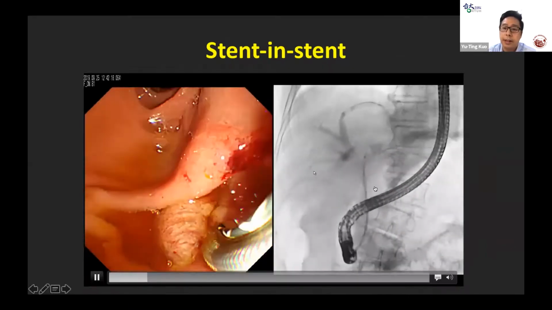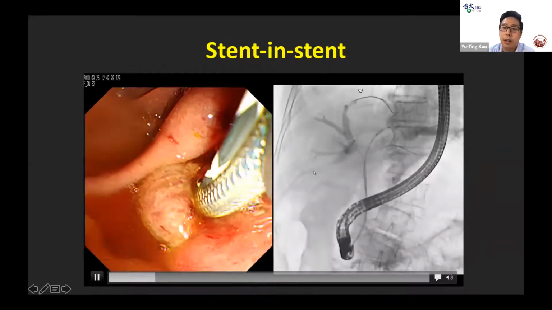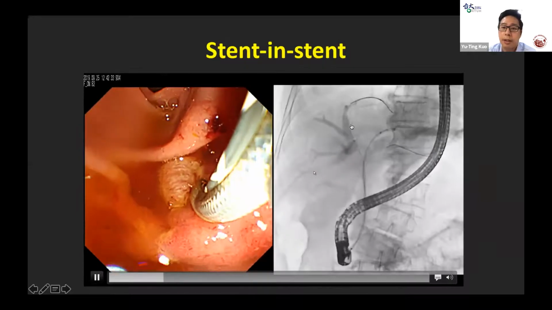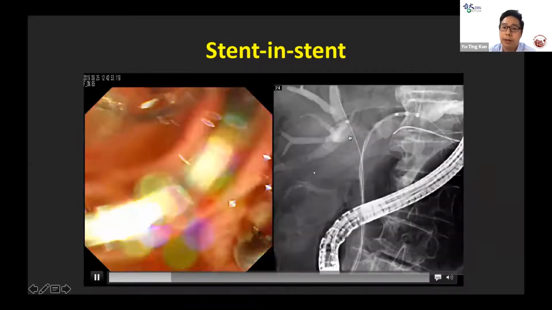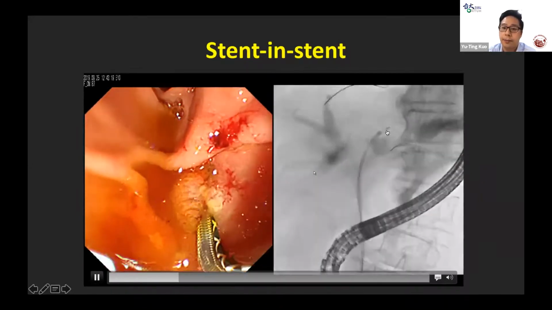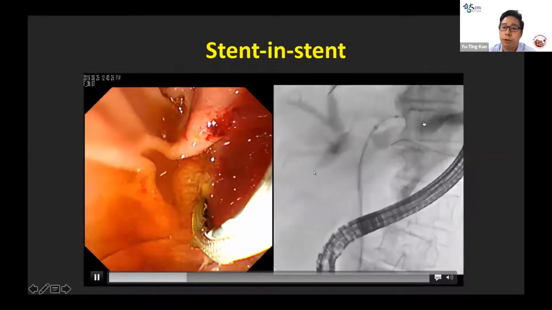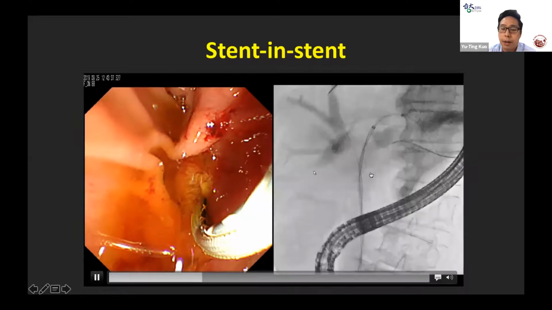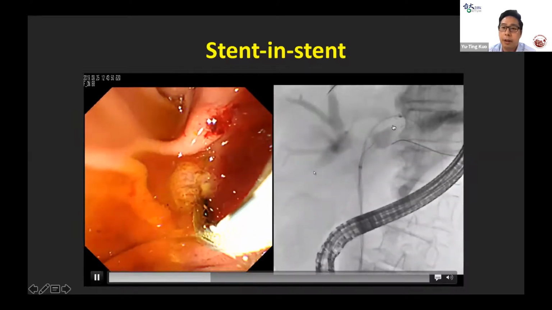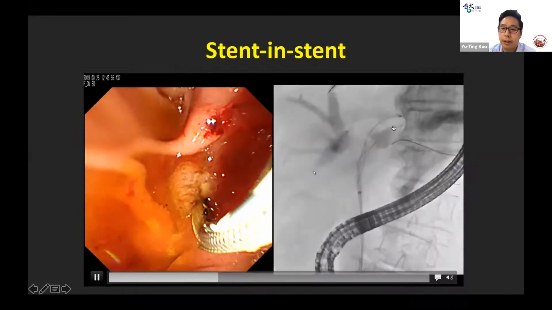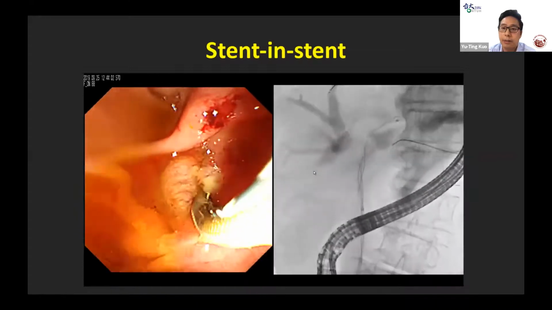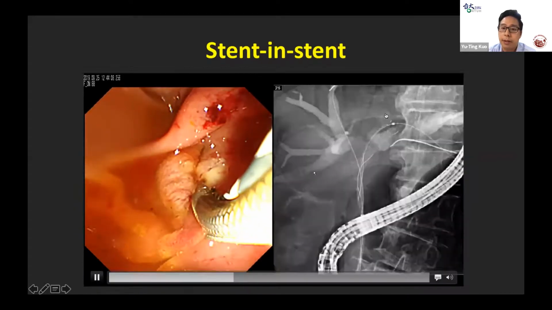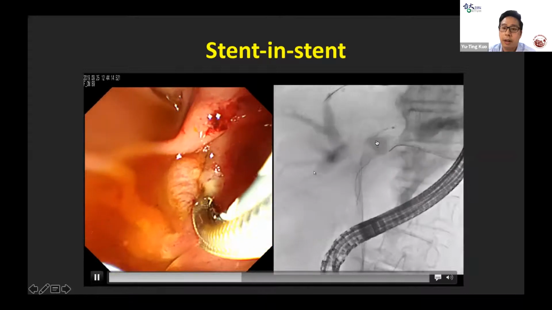Just like in this case, we place two guide wires into the hepatic ducts where we wish to place the stents, and usually we will choose the more angulated target biliary duct. So we will place the first uncovered stent.